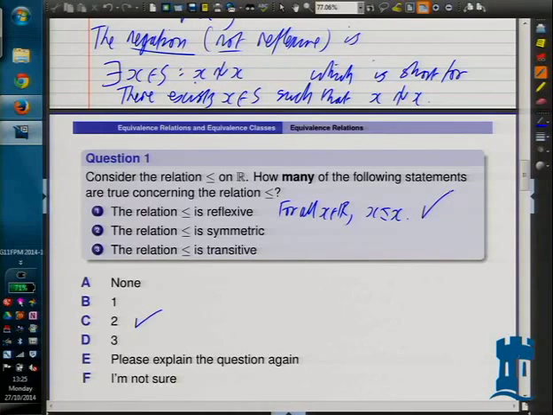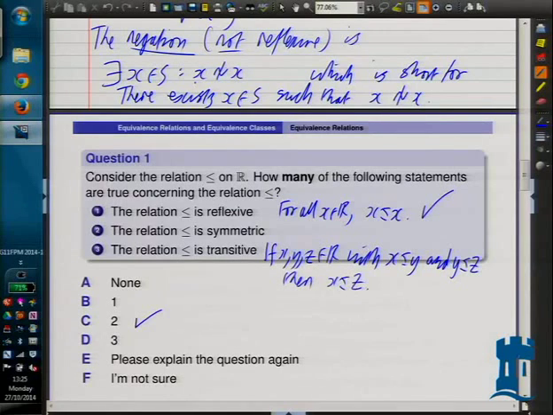The transitive one is saying if x, y, z are in R with x less than or equal to y and y less than or equal to z, then x less than or equal to z. And this is true.